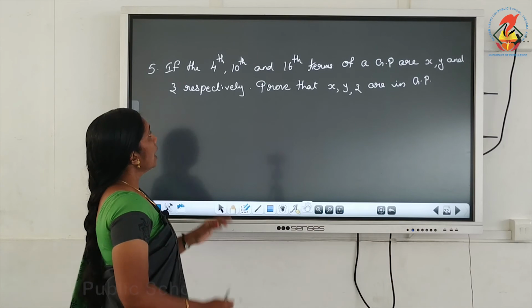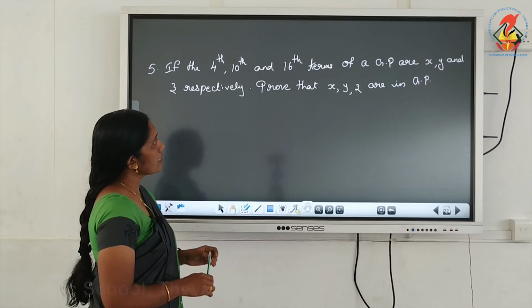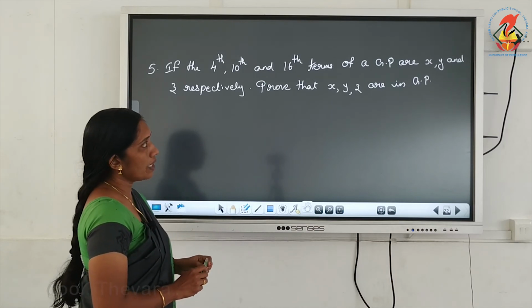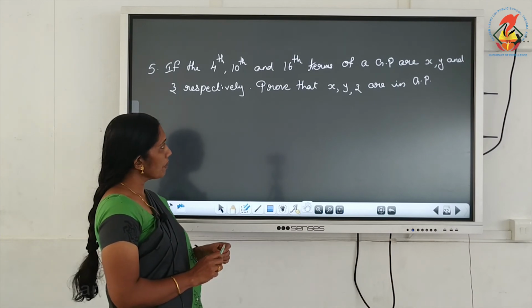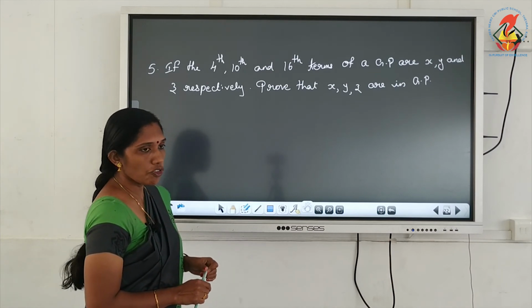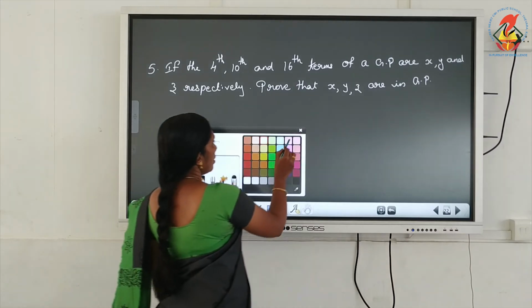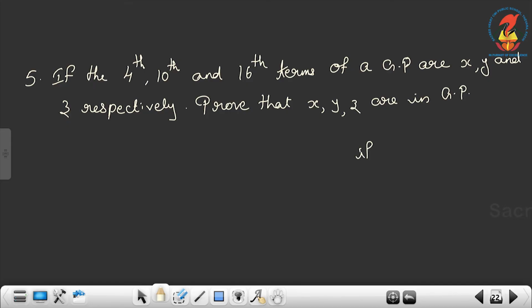The last one. If the 4th, 10th and 16th terms of a GP are x, y, z respectively, prove that x, y, z are in GP.